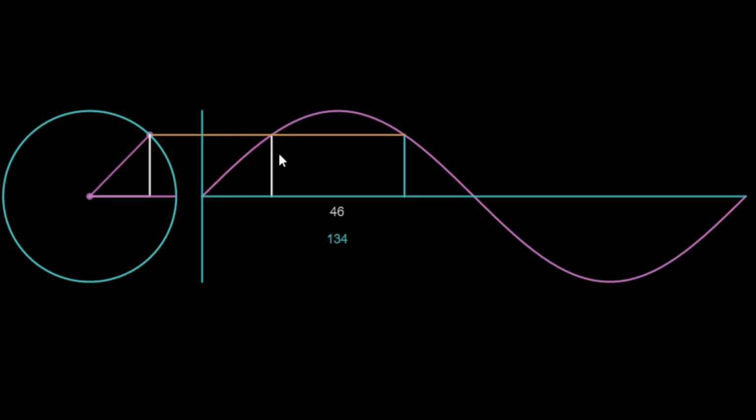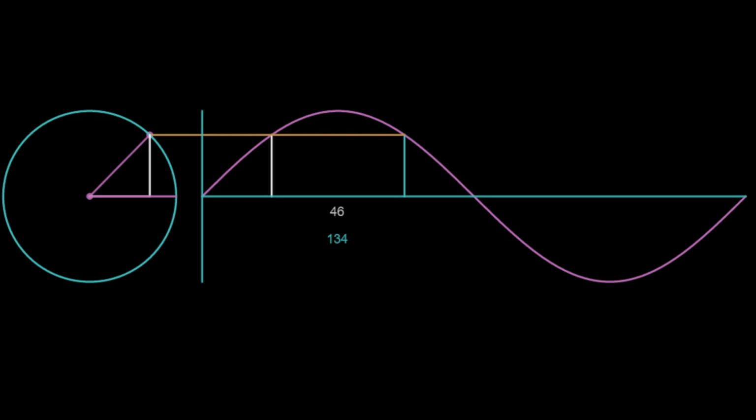Now the height of the white line and the blue line is the same. So what we're really saying is the sine of 46 degrees should be equal to the sine of 134 degrees, simply from the symmetry of our sine function.